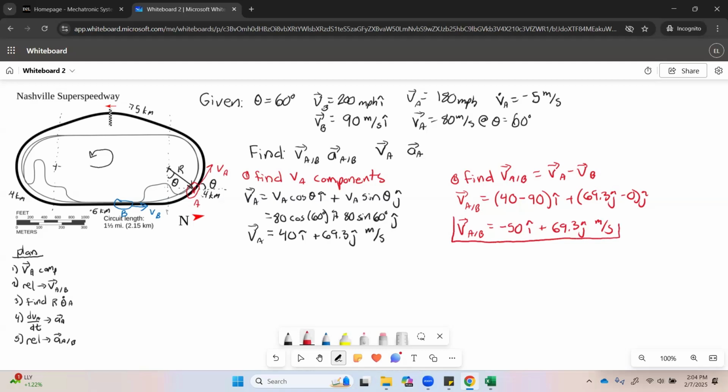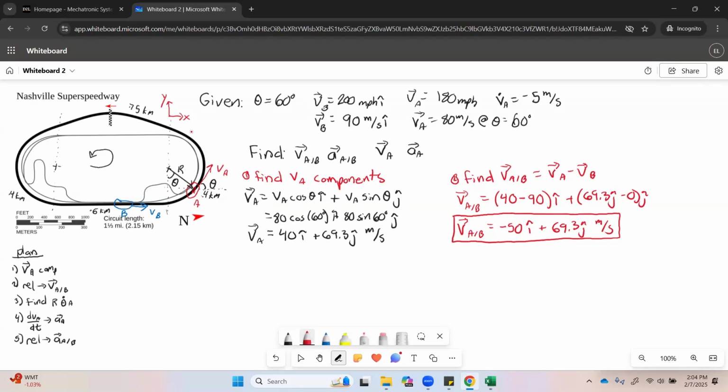As a reality check on this one, we know that A relative to B, so from B's point of view, what's happening to A? Well, from B's point of view, A is going further up, and we'll say that we have X going this way and Y going this way. So from B's point of view, A is going in the positive Y direction. But the velocity in the X direction should be negative because horizontally B is catching up to A. A is turning, so it's going towards it.